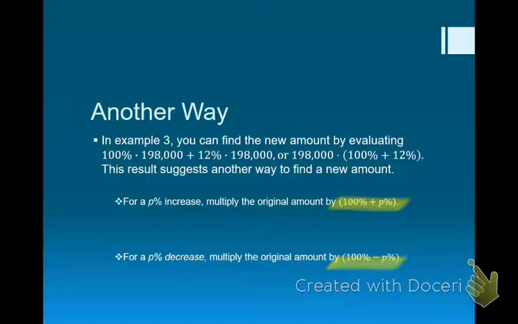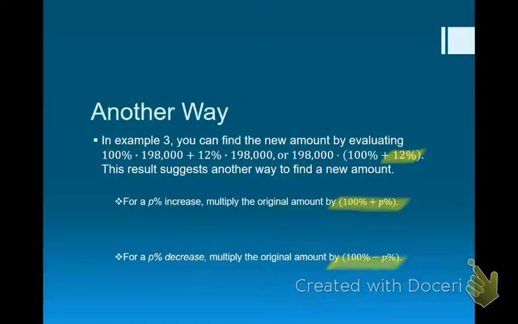So in example 3, do y'all remember it was 12%, the one we just did? Well, instead of changing that to a decimal, we would just add it to 100% and then multiply it by the original amount, okay? If I'm losing you, just hang on. I don't think I need you to write down anything from this slide, though.